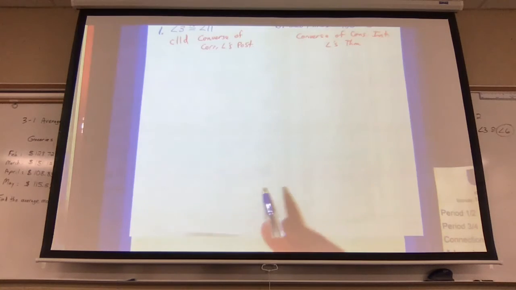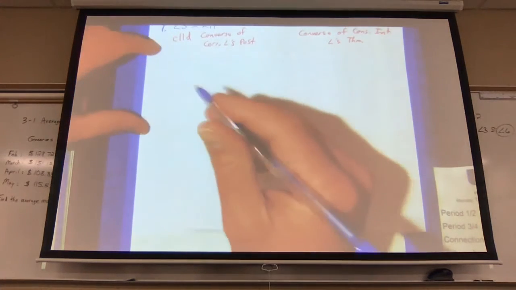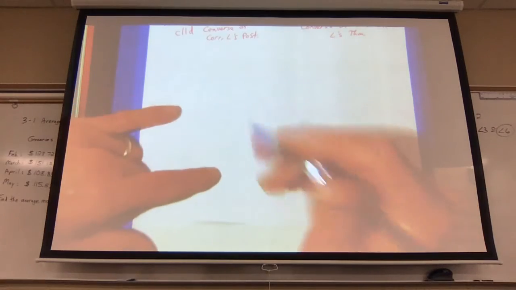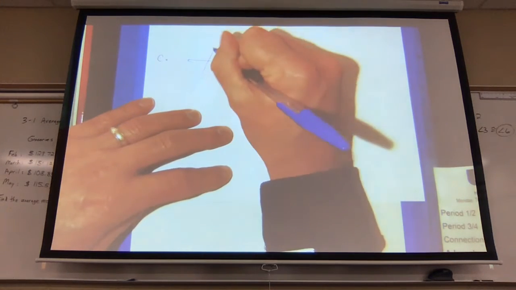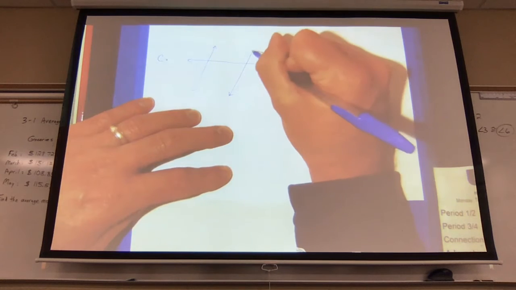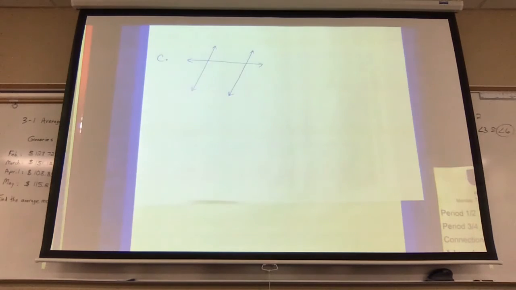On this one, the picture is going to have just two lines intersected by a transversal. We'll call this letter C. There's our picture.